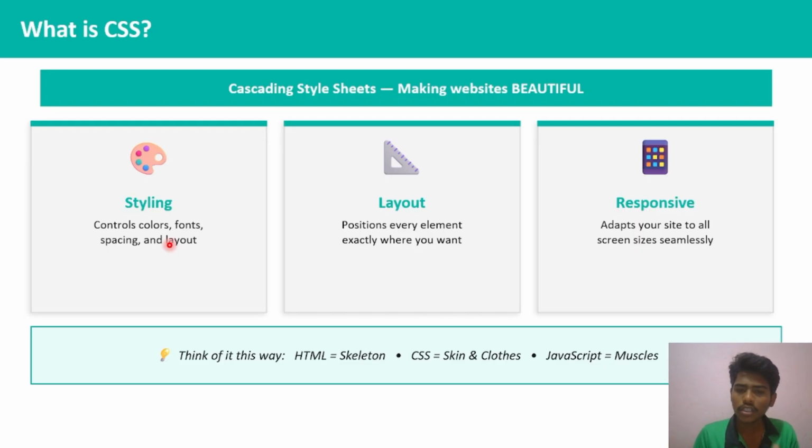Layout means it positions every element exactly where you want. Here, this diagram I want to place in this position only, so we can see that this diagram is placed in this position only. If I don't want it in this position, I can remove it and place it anywhere. Okay.